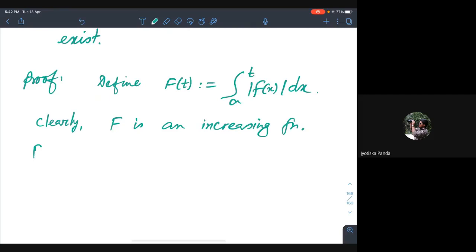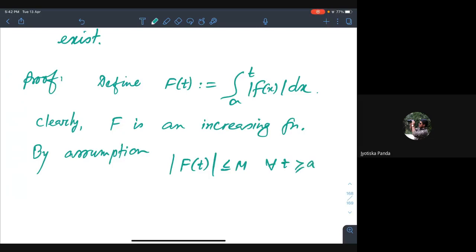And by assumption, |F(t)| is less than or equal to m for all t bigger than or equal to a. So this implies the limit as t tends to infinity of F(t) exists, right? So it is increasing and bounded.